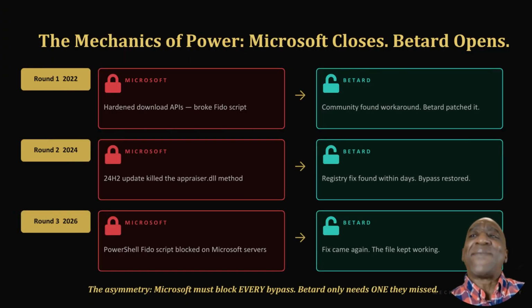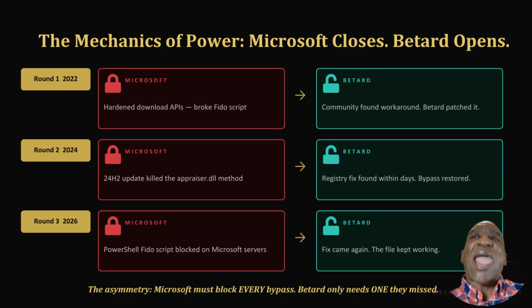Then came the statement that shocked the tech world, right? Microsoft basically declared war against Pete Batard and Rufus. And this is a battle that's been going back and forth. Round one was in 2022, where Microsoft changed the download APIs to throw Rufus off.